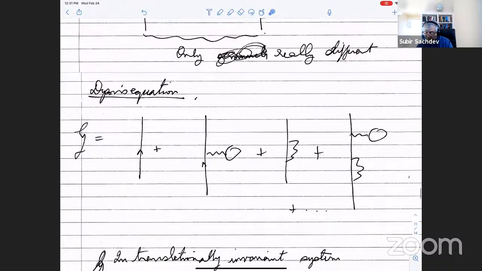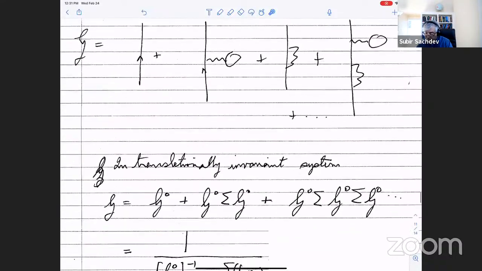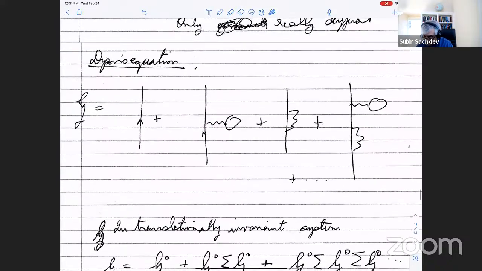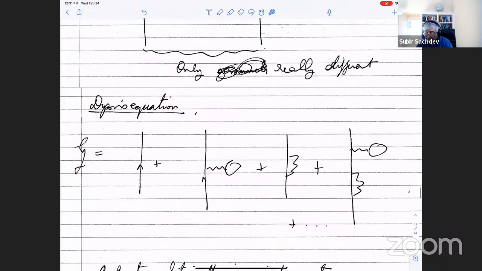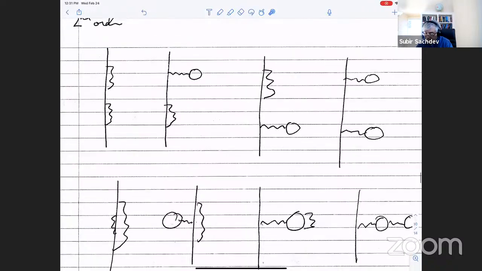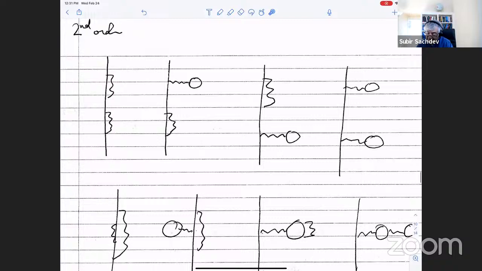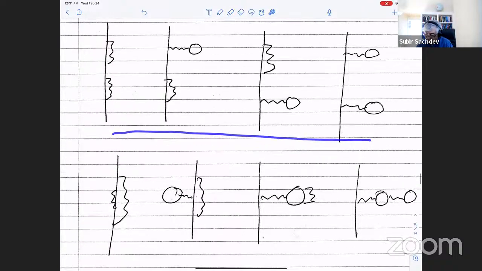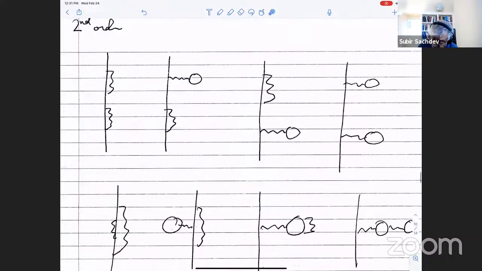So if you look at these diagrams, what Dyson identified, I don't know if it's Dyson or not, is that there's something special about a certain set of diagrams. In particular, these are slightly different from any of the other ones. And these are what are called one particle irreducible.